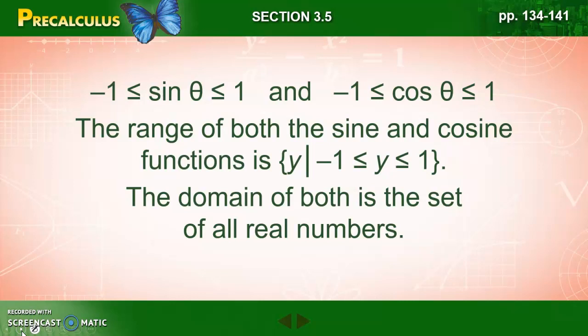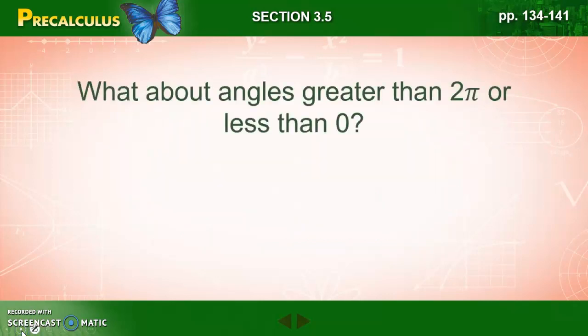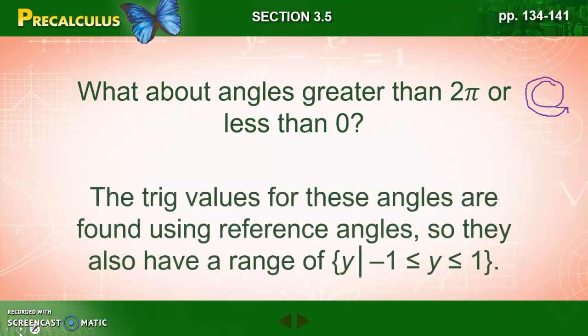So the range is always between -1 and 1, but the domain is all real numbers when we're talking about sine and cosine. Now what about angles that are greater than 2 pi or less than 0? Going back to that unit circle, greater than 2 pi. What if we go around the circle more than once? Well, hopefully you remember, and you've learned from our previous lesson on periodic functions, that the trig values for these angles are found using a reference angle. So they also have a range of -1 and 1.